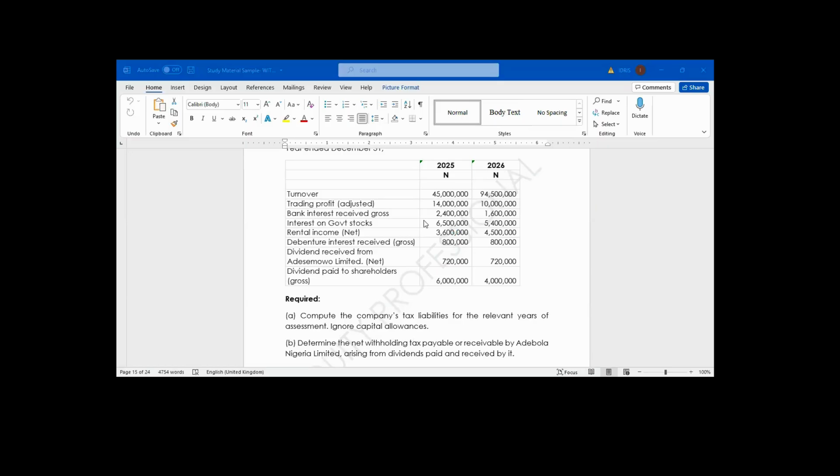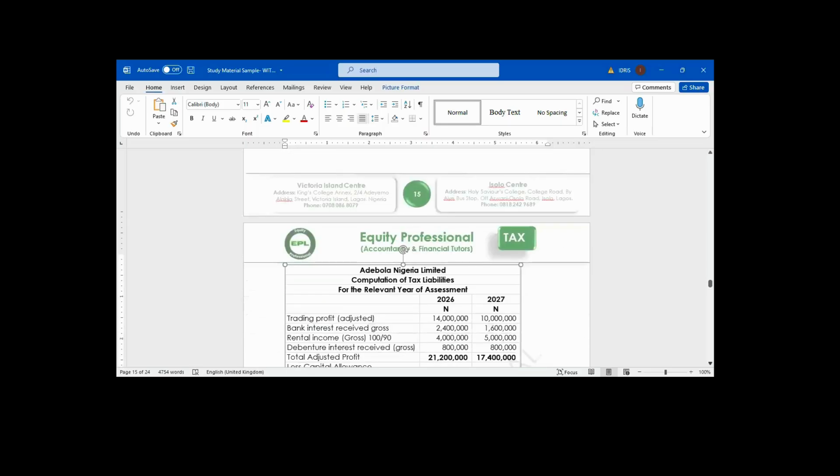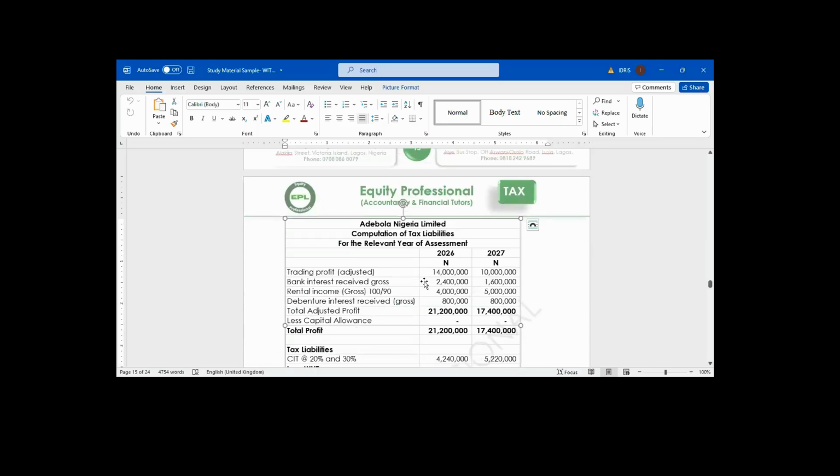If we want to convert this to 100%, we can say 100 over 90 times this net amount. We'll get the 100%. So that's 4 million. So you can see rental income, 4 million for the first one.